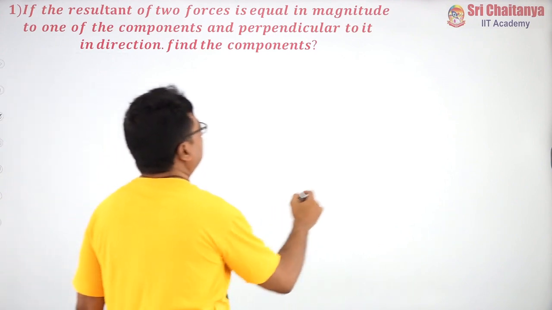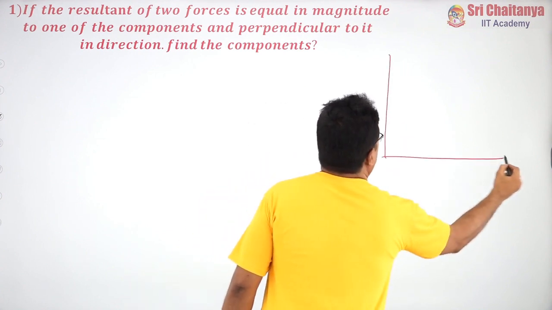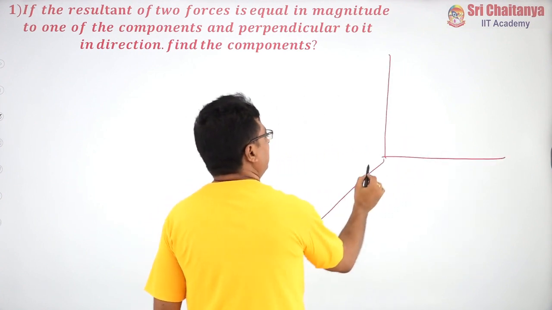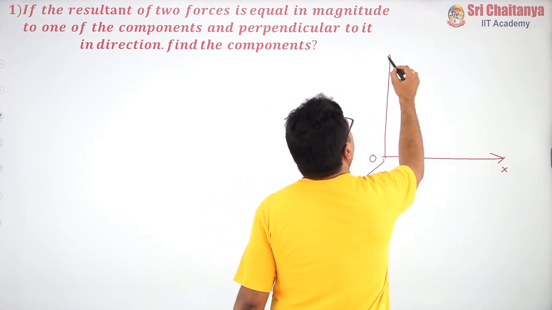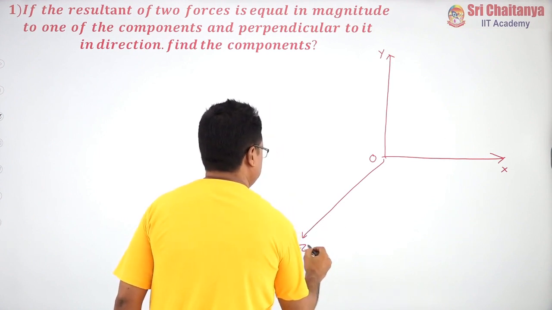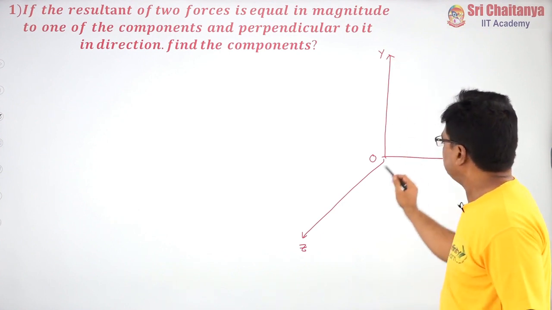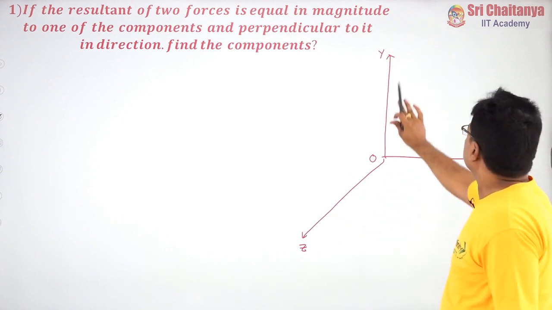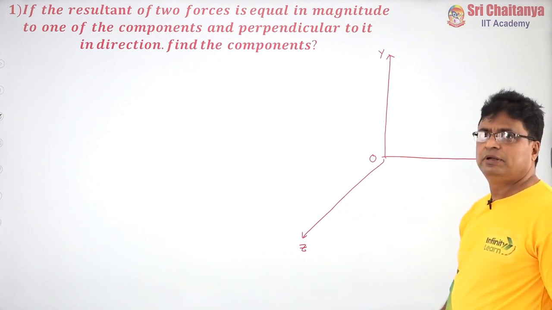What is that data? See, this is my OXYZ plane, the 3-dimensional frame, because in vector algebra we are mainly concentrating on a 3-dimensional frame of reference OXYZ. This is the x axis, this is the y axis, and this is the z axis, and this is called the xy plane, this is the yz plane, and this is the zx plane.